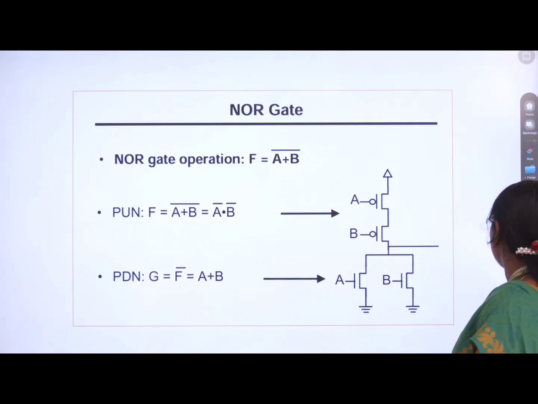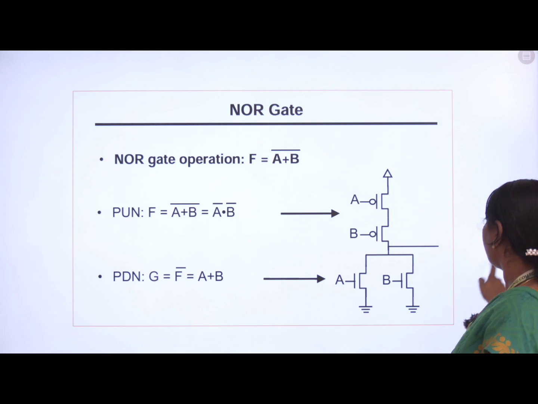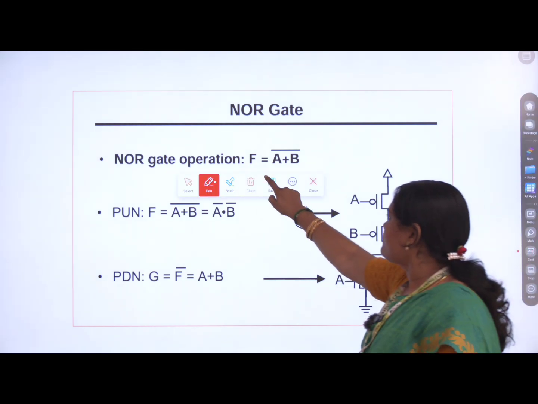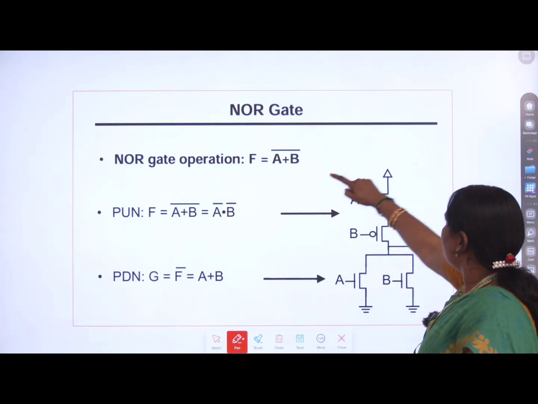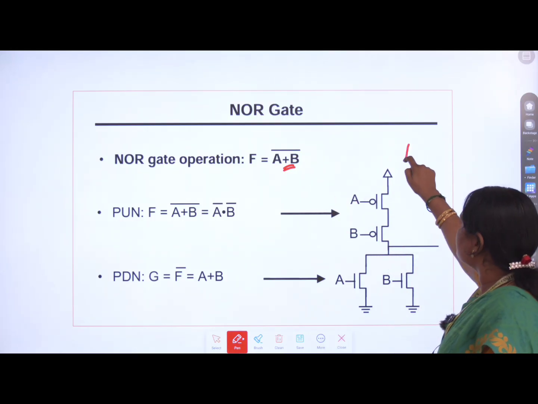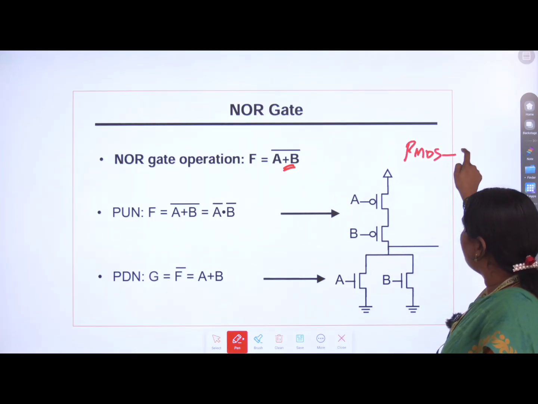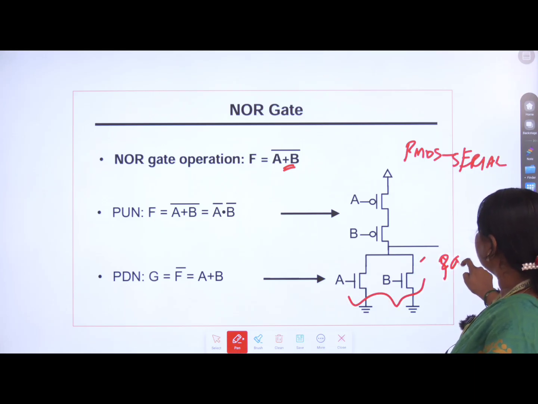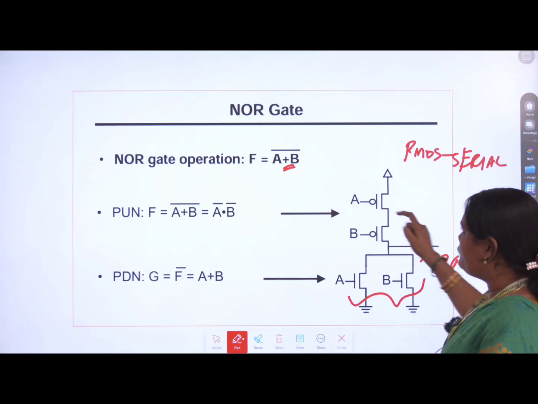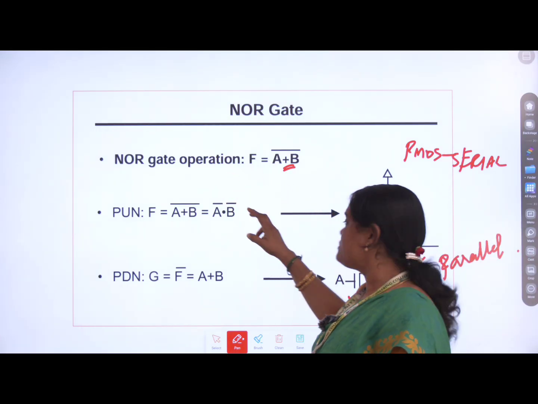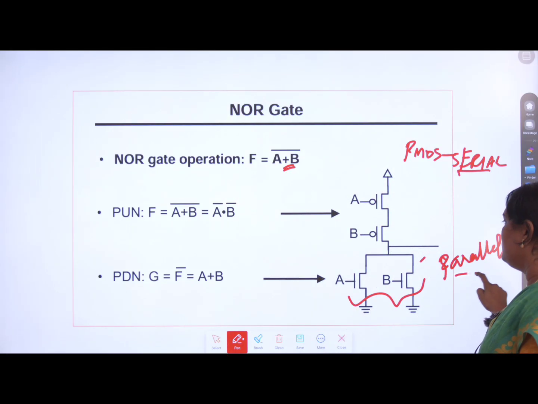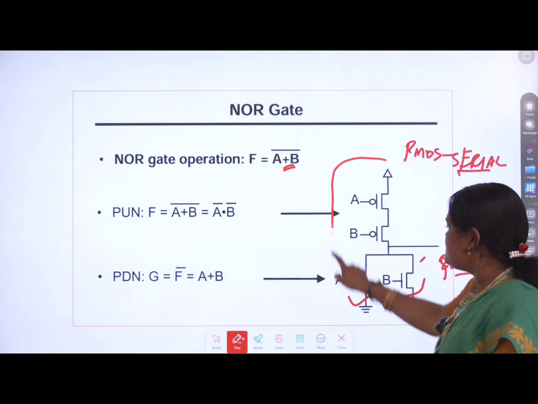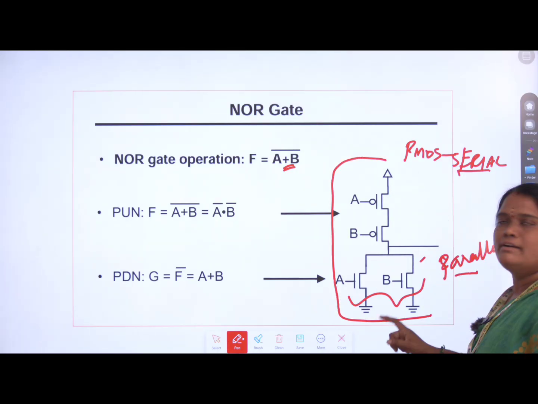So for plus logic, we need to connect PMOS in a series connection and NMOS will be connected in parallel. So for implementing any plus logic, we need to follow this rule. So this is the exact CMOS structure of your NOR gate.